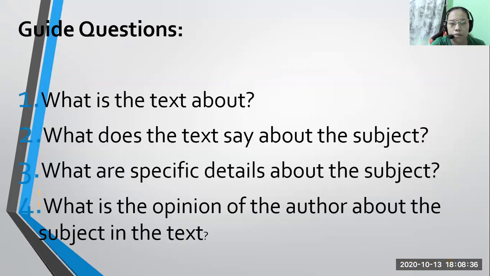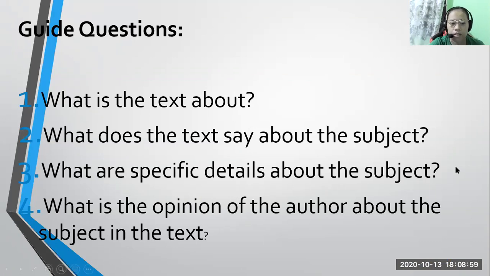Now, I have here another set of guide questions. Number one, what is the text about? In other words, topic, identify the topic. Next, what does the text say about the subject? So, what is the author saying about the topic or the subject?